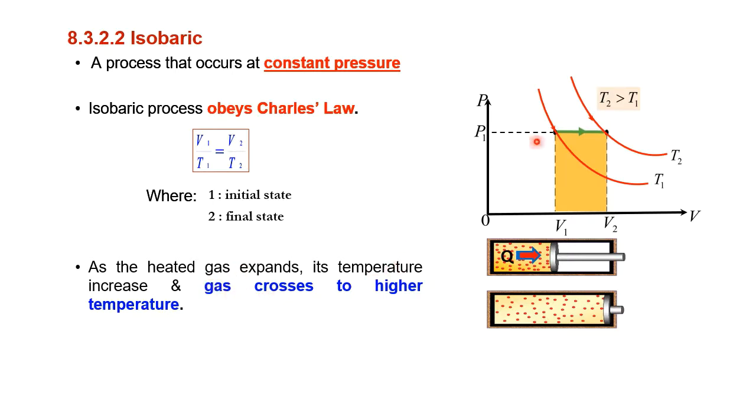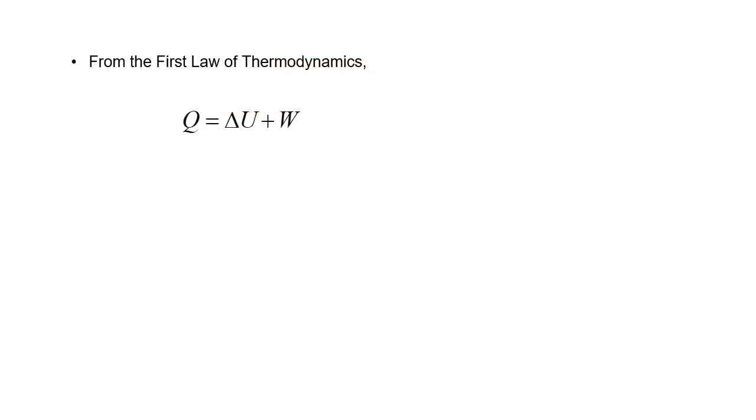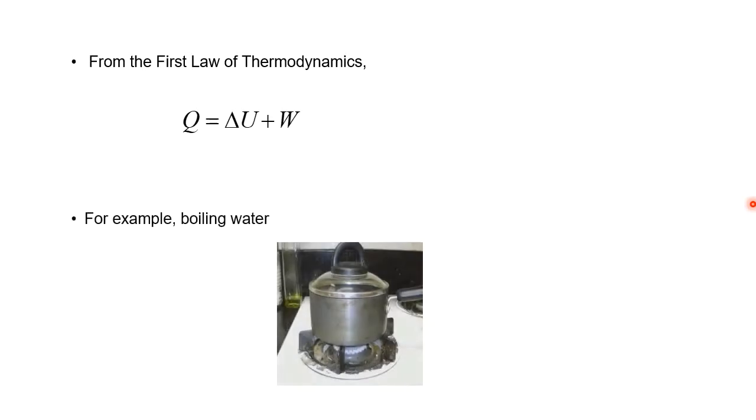Therefore, this graph goes to the higher temperature. To relate this isobaric process with the first law of thermodynamics, the expression stays the same: Q equals delta U plus W. The example for this process is boiling water.